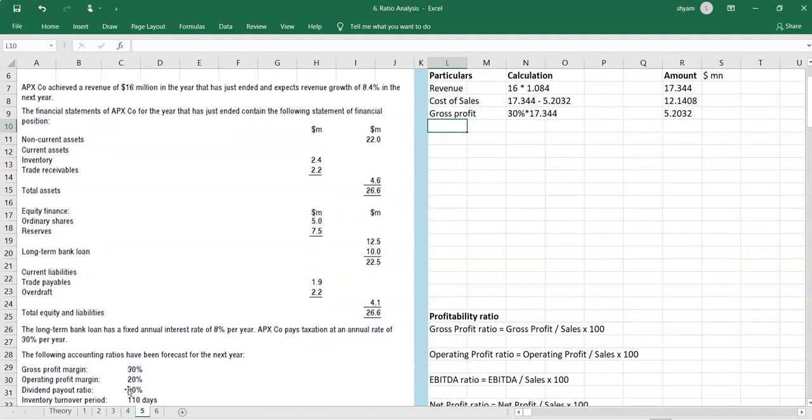What's the next number? The next number is operating profit. If you see, it is 20%.